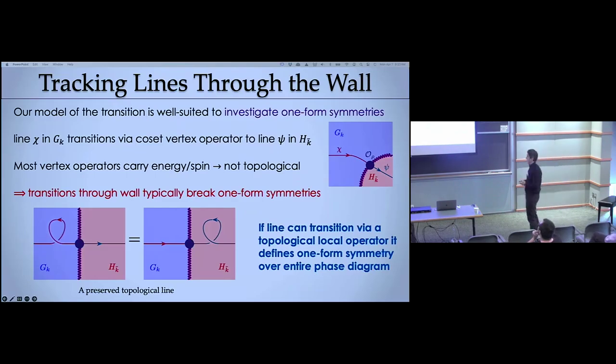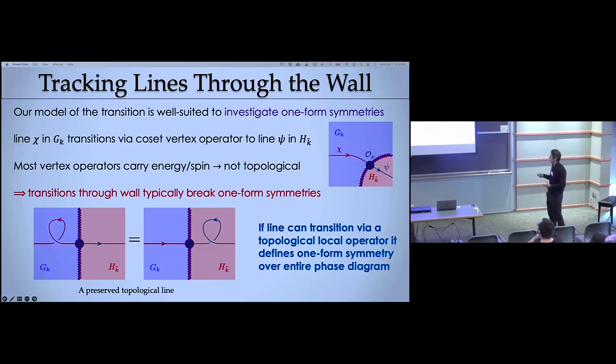Most vertex operators carry energy or spin, and therefore are not topological. So even though chi would be topological in GK and psi would be topological in HK tilde, this composite operator is not topological. So these transitions typically break one-form symmetries.